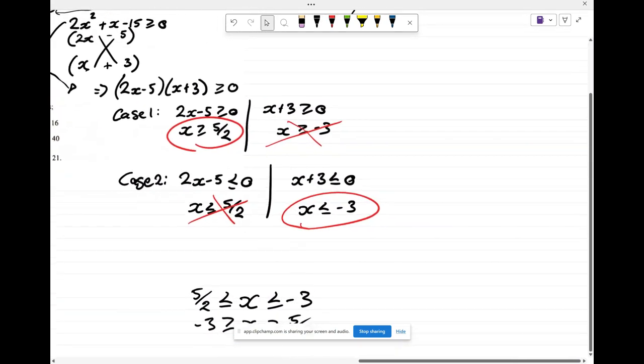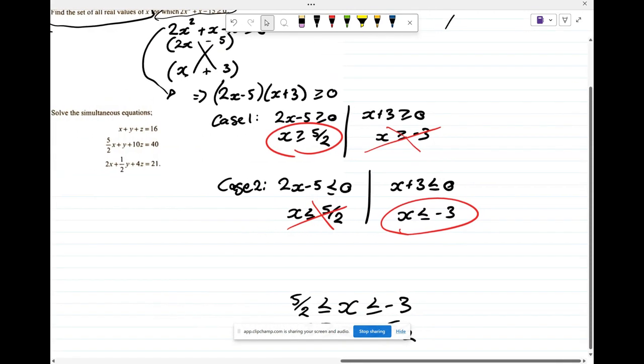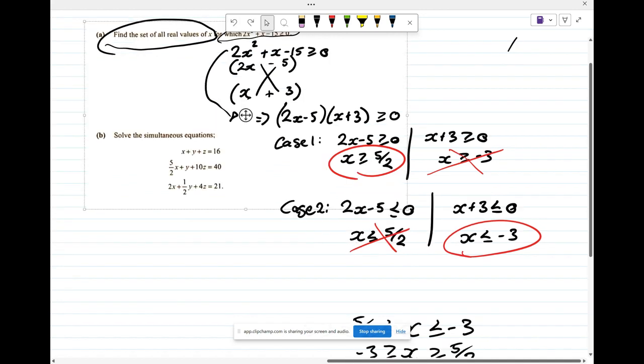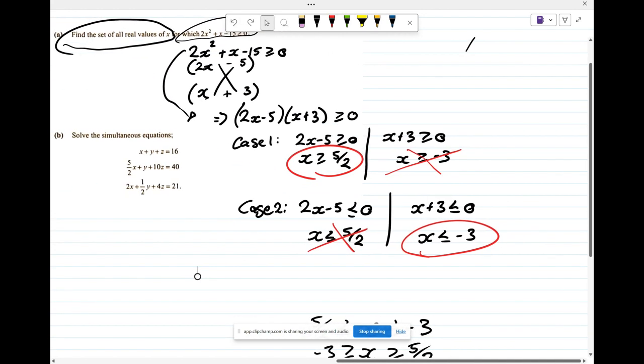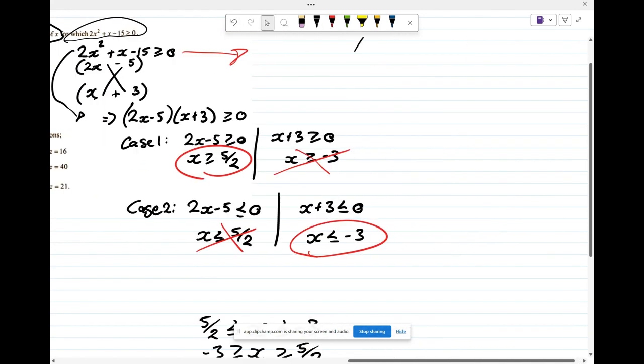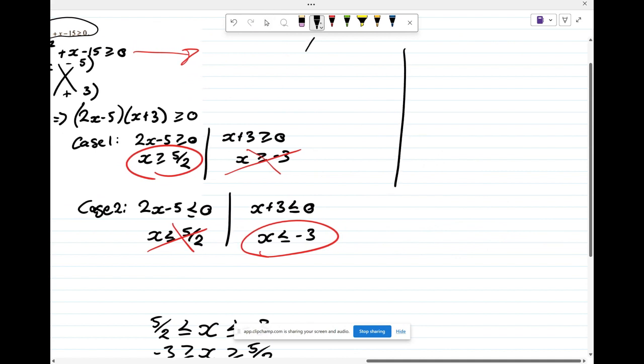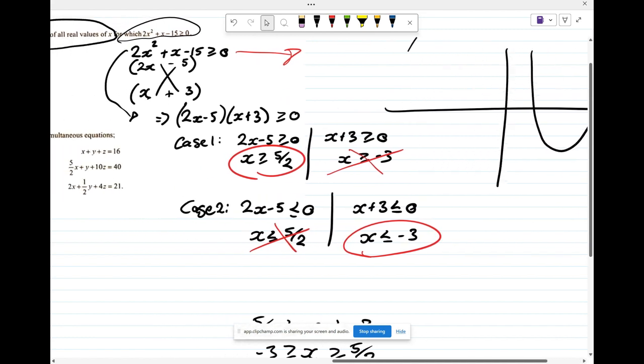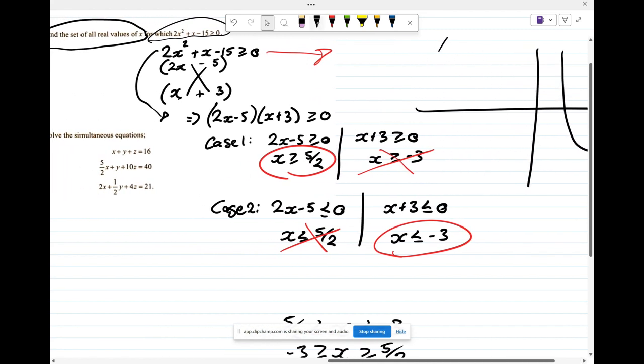Another way to think of these cases is if we were to draw our quadratic up here, we'd get something that looks a little like this. And our factors were 2x minus 5 and x plus 3.